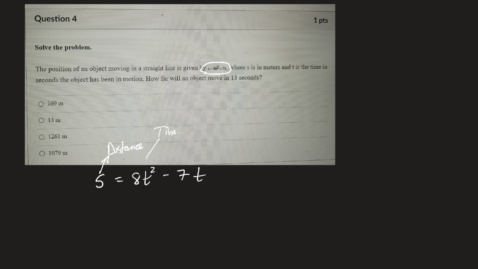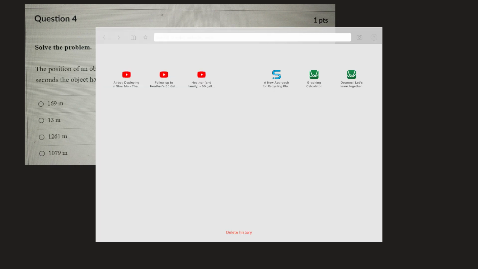So the question says, how far will an object move in 13 seconds? So then t is 13. So I'd go 8 times 13 squared minus 7 times 13. Let me just do that on a calculator.